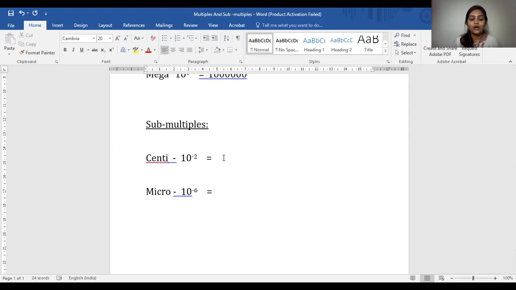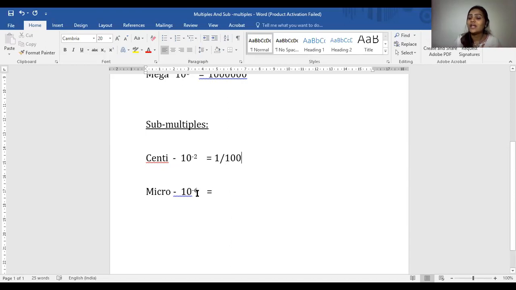Here my numerator will be 1, and the denominator 1 I write as it is. What is the exponent number over here? It is 2. So after the number 1, I'll add 2 zeros. Now if I divide 1 by 100, I'll get 0.01 as an answer. Correct? Such a tiny measure are we talking about here.